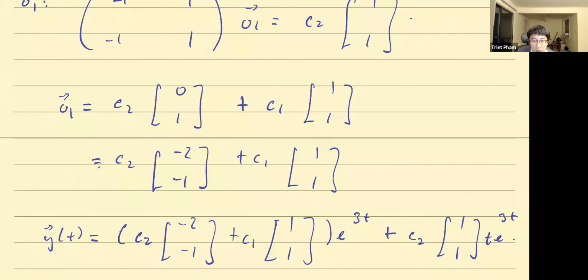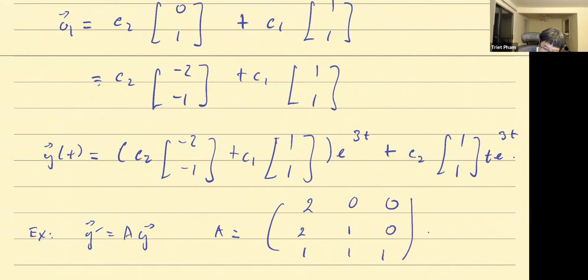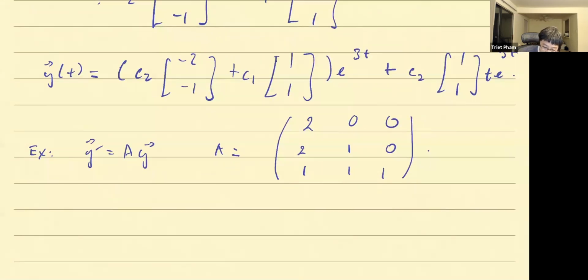Then next, we move to a 3 by 3, where we look at y prime equals Ay, with A being (2, 0, 0; 2, 1, 0; 1, 1, 1). So the eigenvalues are 2, 1, and 1.